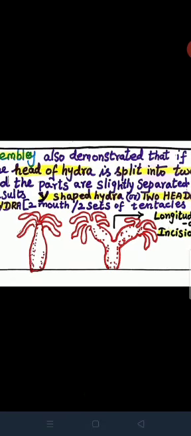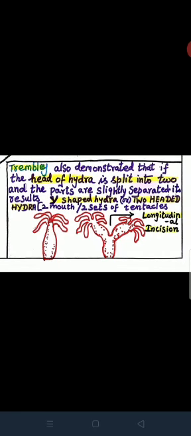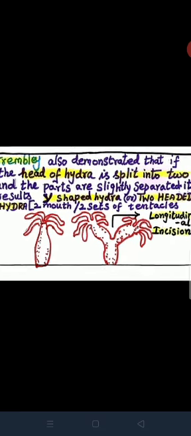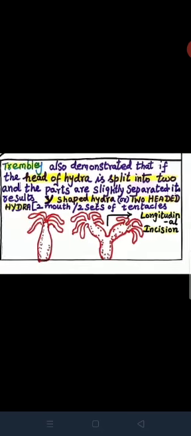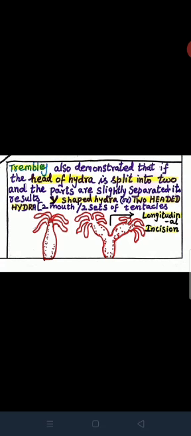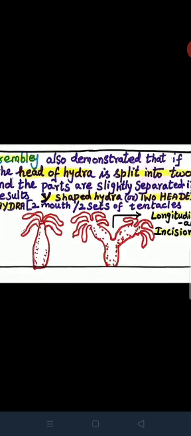Tremblay also demonstrated that if the head of Hydra is split into two and the parts are slightly separated at the top, it results in a Y-shaped Hydra. That is a two-headed Hydra. A Hydra formed in the longitudinal incision has two mouths, two sets of tentacles.